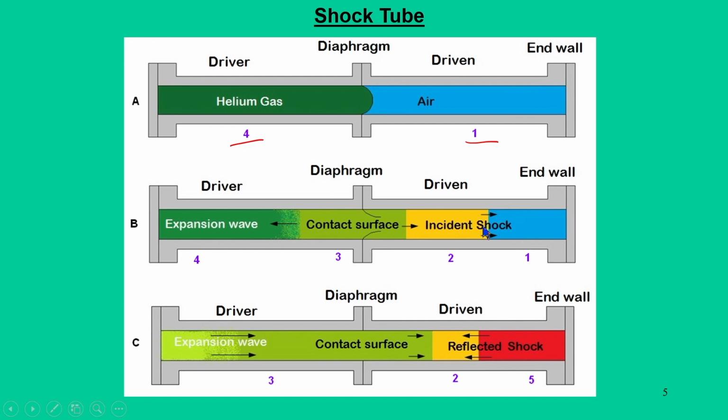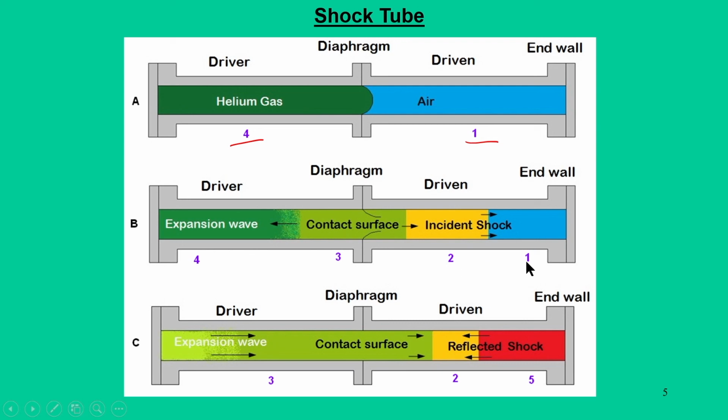Now, when you see this at this location, if you try to think about what the conditions are now. Initially it was 1 and 4, so here also 1 and 4 is still there.